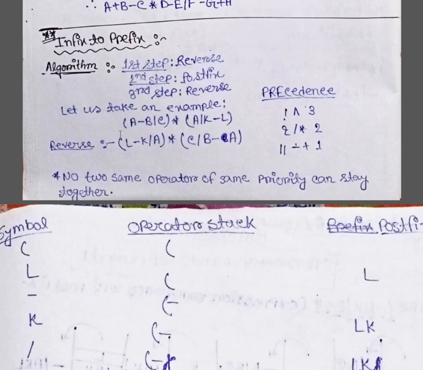Then L, then minus, then K, then slash, then A, then this type of bracket. Here it is multiplication, then this type of bracket here.